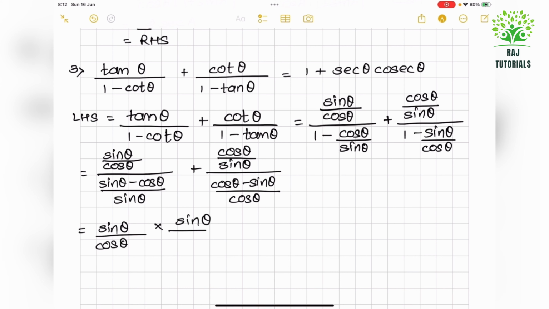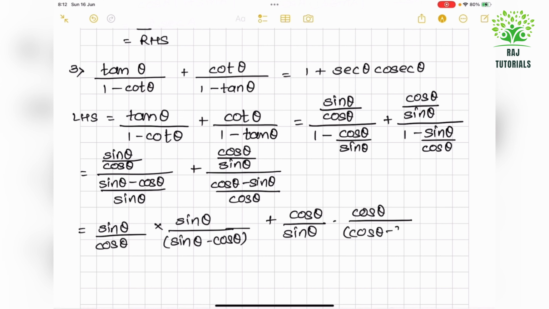So this becomes sin theta upon cos theta into sin theta upon sin theta minus cos theta plus cos theta upon sin theta into cos theta upon cos theta minus sin theta.